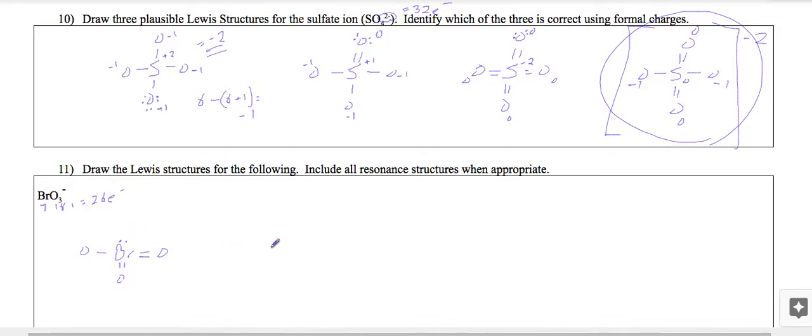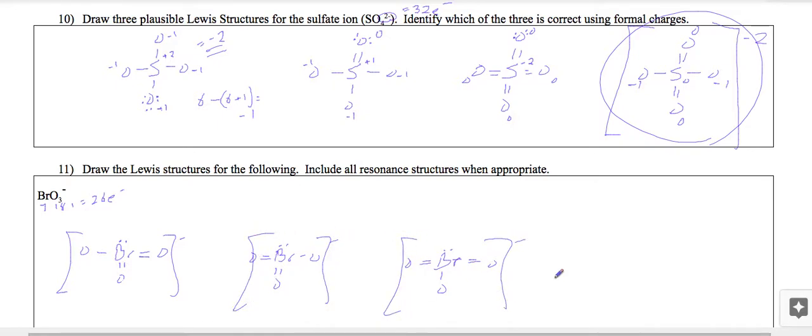And we can then do bromine like that. And we can do bromine like that. Those are our Lewis structures. Don't forget to put polyatomics in brackets.